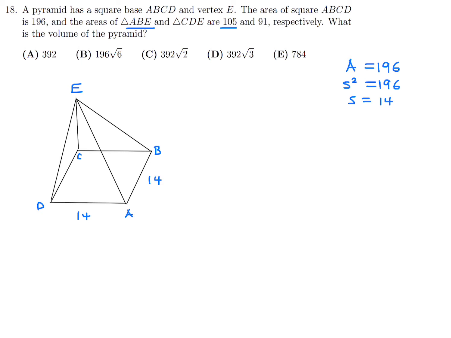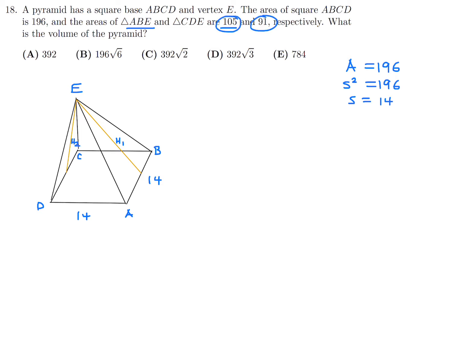And then the other one, triangle CDE, this guy right here, that area is 91. Okay, so far so good. So I will draw in the heights on each of these triangles. So there you go. I'll call this height H1, and then this height I can call H2, I think.